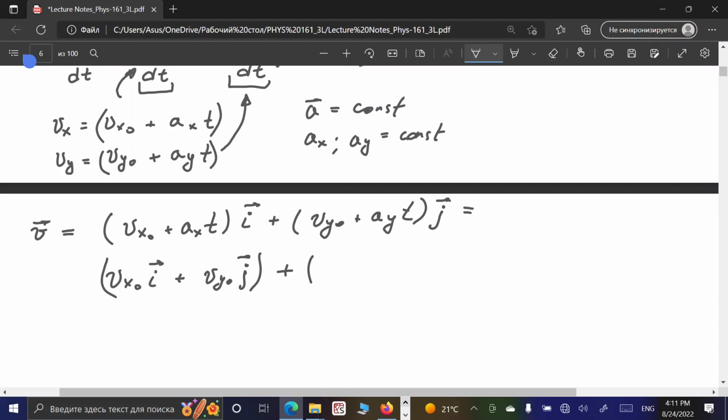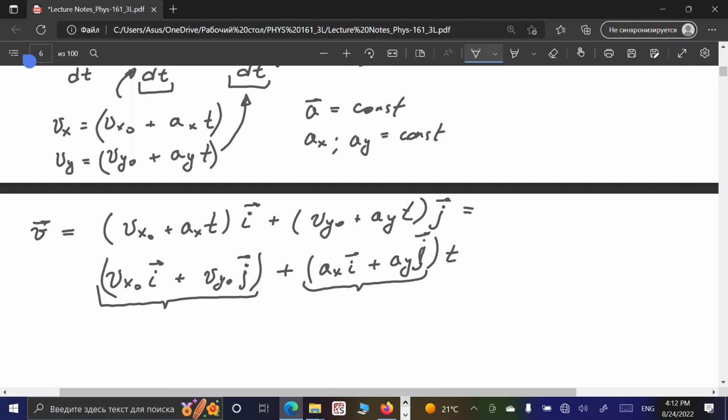It will be ax times i unit vector plus ay times j unit vector, and that is times t. So now we see that we actually have two components of this velocity vector.